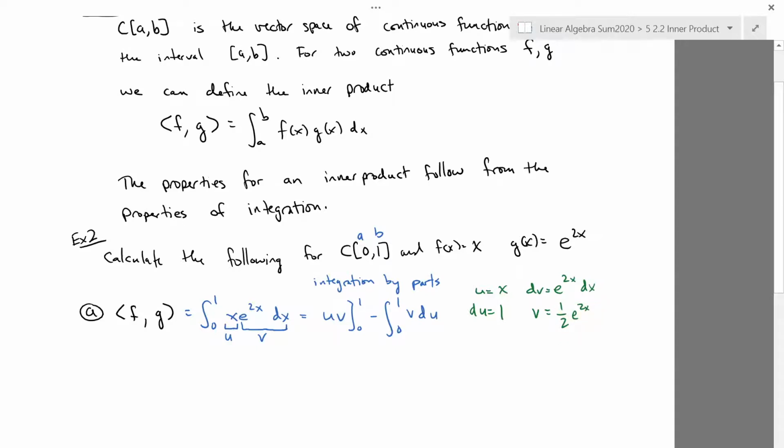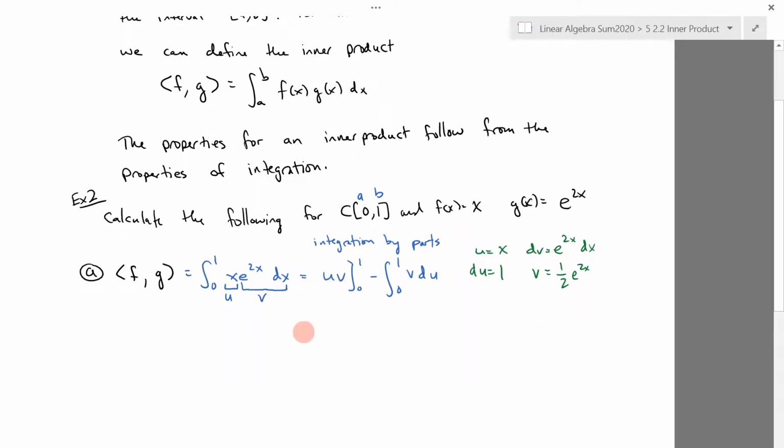Okay, so now we can calculate this integral, right? So u times v is this times this. So we get 1/2 x e to the 2x, evaluated from 0 to 1, minus the integral from 0 to 1 of v times du. This is v, this is du. So the product is 1/2 e to the 2x dx.